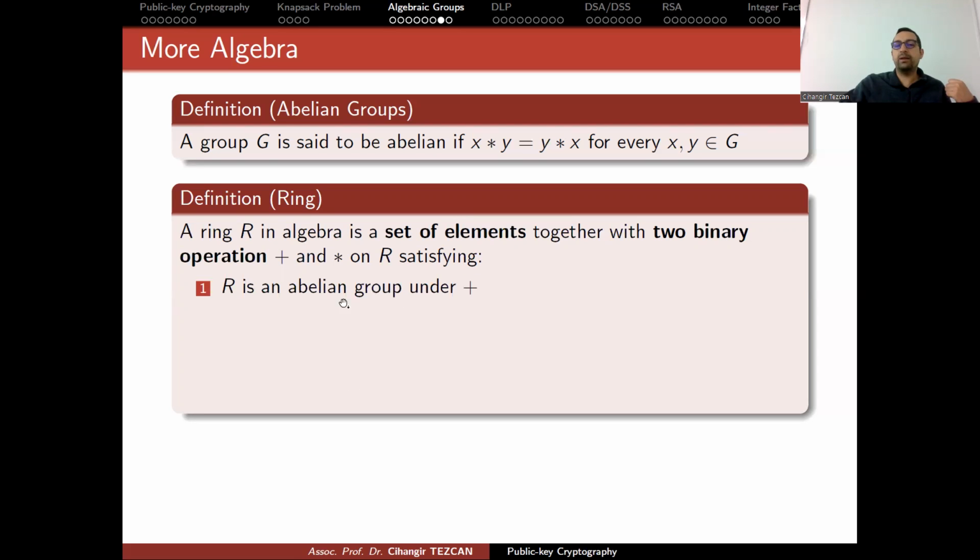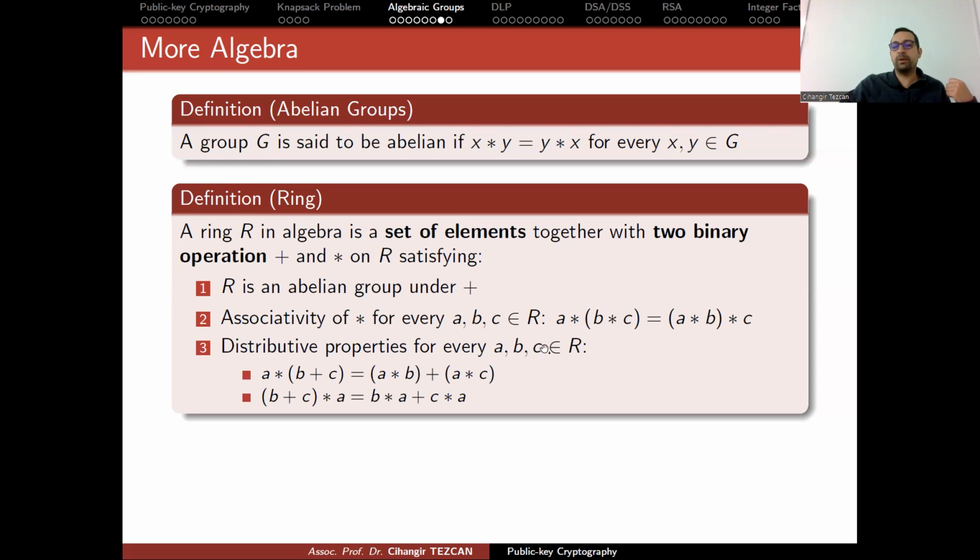R should be an abelian group under addition, and it should also have associativity for multiplication as follows. Also, distributive properties, where the multiplication is distributed over the addition. As you can see, this means that A star (B plus C) equals A star B plus A star C, and so on. If you have these two properties together with being an abelian group, then we say that R is a ring.